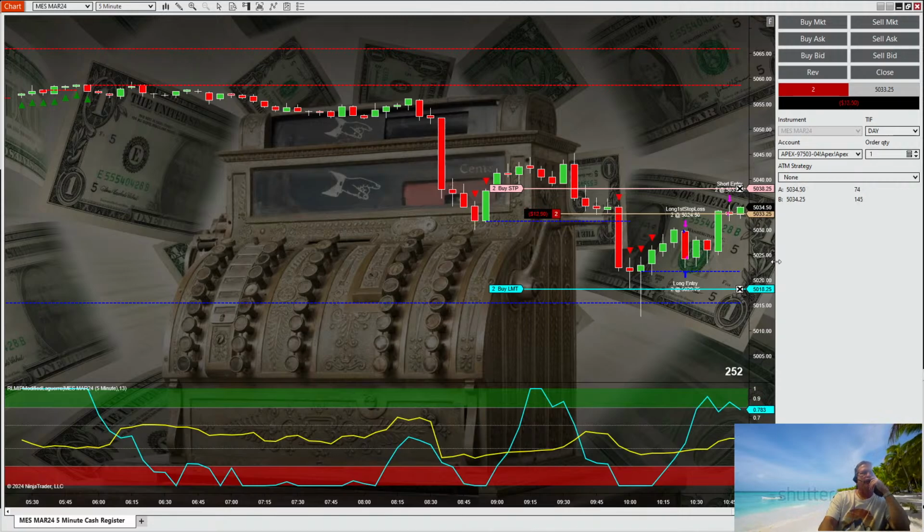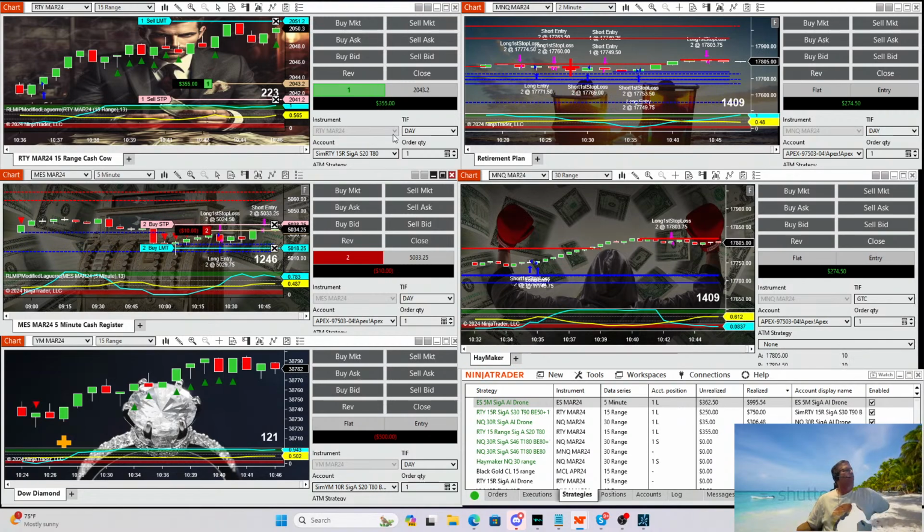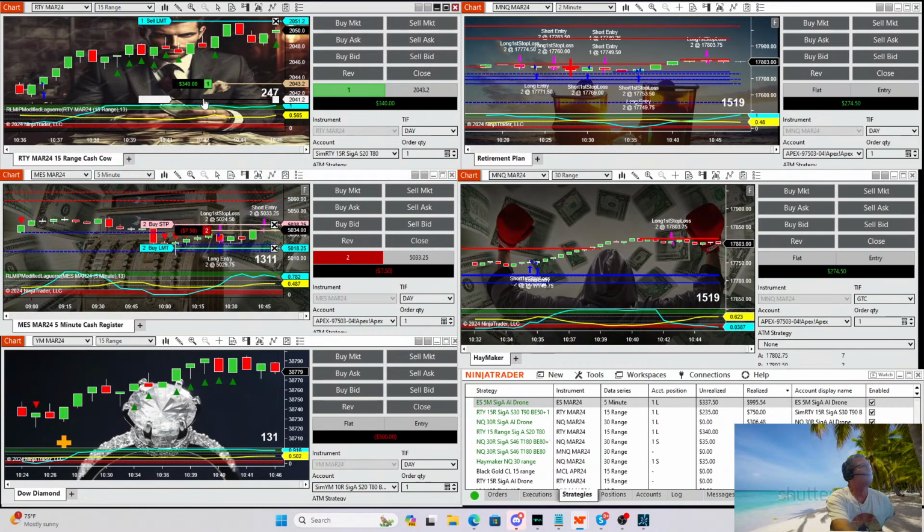About 1,000, between 1,000 and 1,100 contracts a minute, which really isn't a lot for the S&P. Let's take a look and see what the NASDAQ looks like. Russell. Let's bring this stop way up.